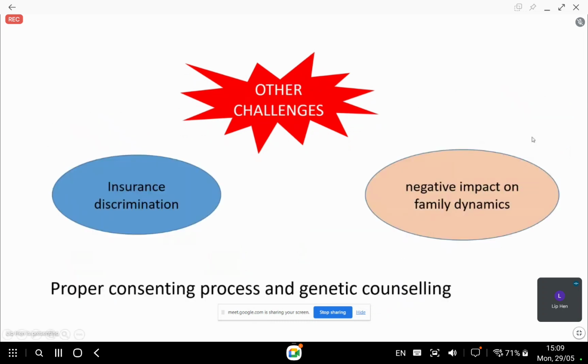Other challenges include insurance discrimination and negative impacts on family dynamics. So it is very important to have a proper consenting process and genetic counseling before a genetic test is done. We always say genetic counseling must be done pre-test, before genetic tests are carried out, and also post-test, after the test.